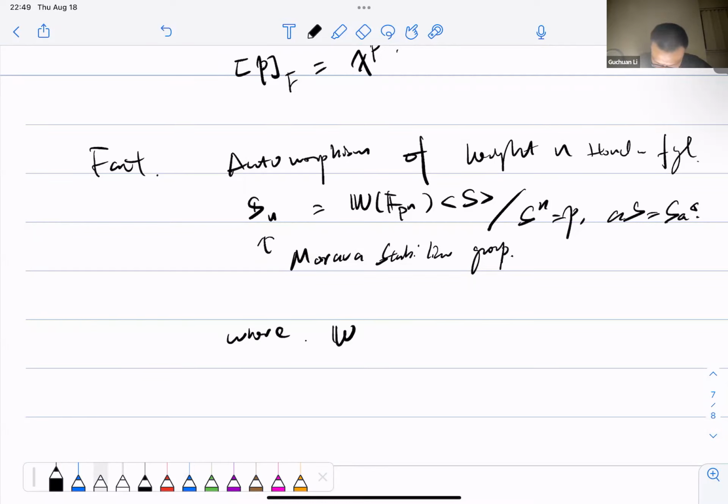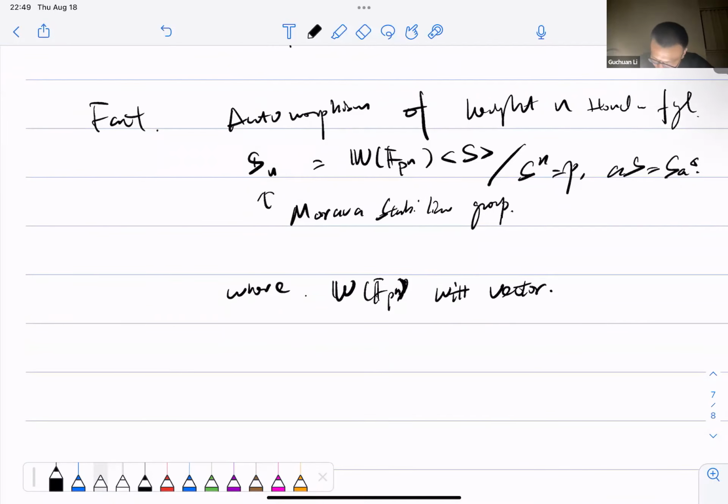This is a weight vector. So it's basically adjoining P to the power n minus 1 roots of unity to Z_P.